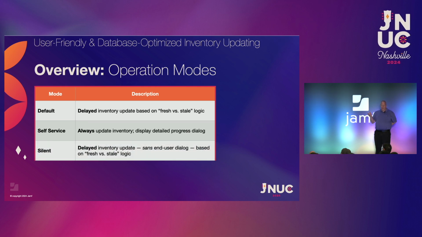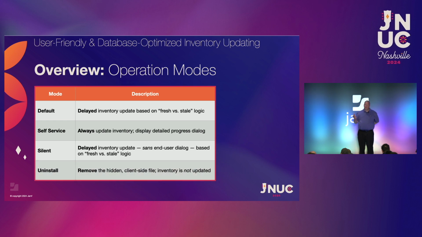Soon after I completed an earlier version of the script, I realized a silent mode would be quite helpful if you wanted to update inventory if it was stale, but not necessarily display a dialog box to the user. So no dialog is presented with silent mode.